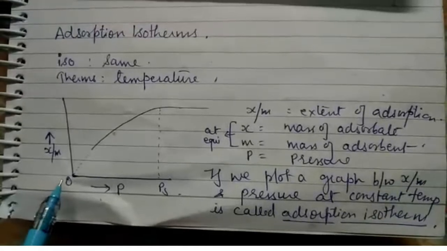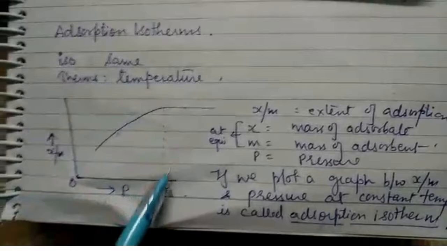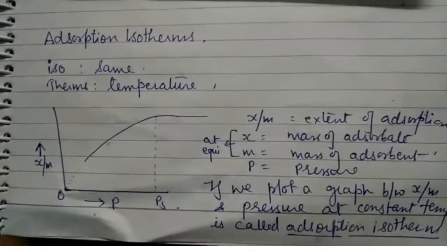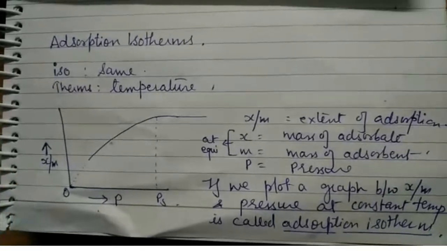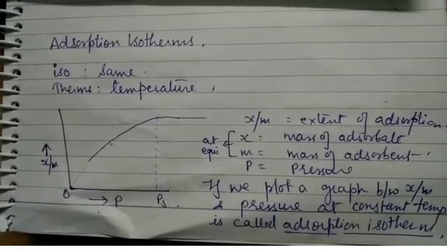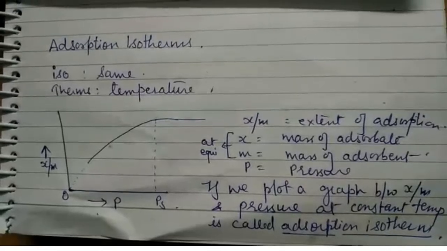If we plot a graph between x/m and pressure at a constant temperature, this graph is known as adsorption isotherm. We know that when adsorption takes place, some heat is evolved, and adsorption is a reversible process. The adsorbate and adsorbent are enclosed in a closed container.